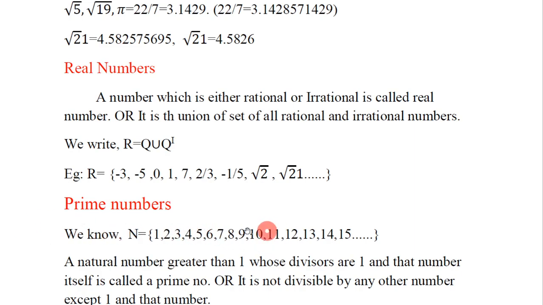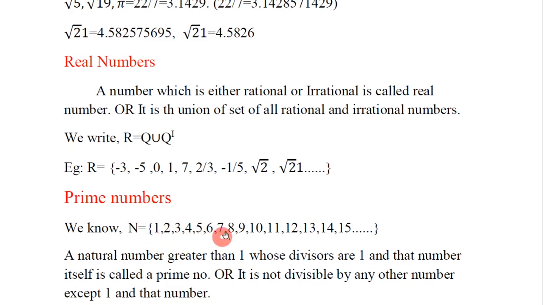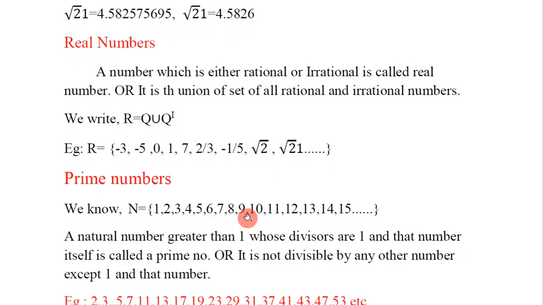Now we define prime numbers. Prime numbers are some numbers among the list of natural numbers. So consider the set of natural numbers starting from 1, 2, 3, etc. Here a natural number greater than 1 is called a prime number if it has only divisors 1 and that number itself.